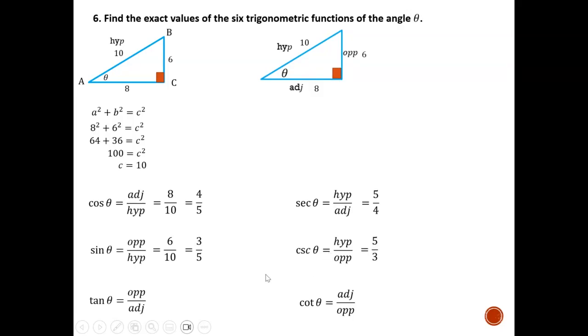So it'll be 5/3. The tangent is going to be opposite, which is 6, over adjacent, 8. So it's 6/8, and we simplify it, it's going to give us 3/4. And the cotangent will just be the reciprocal of the tangent, which will give us 4/3. So those are my 6 trigonometric functions for that angle.